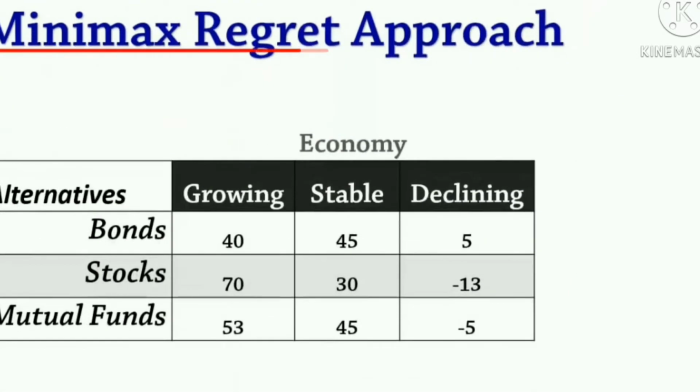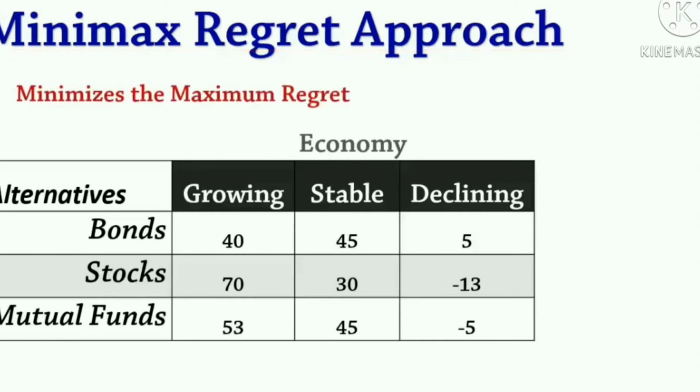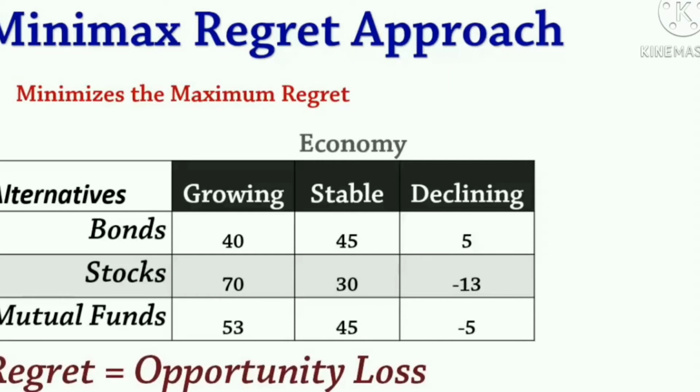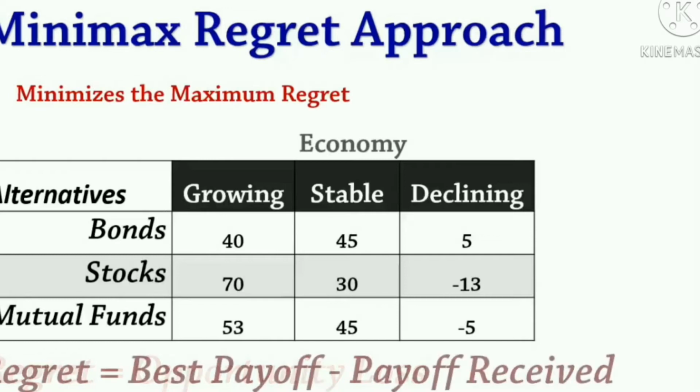The Minimax regret approach. Using this approach, we choose the alternative with the minimum of all maximum regrets across all alternatives. Regret, also known as opportunity loss, is the difference between the best payoff in a particular state of nature and the actual payoff received.